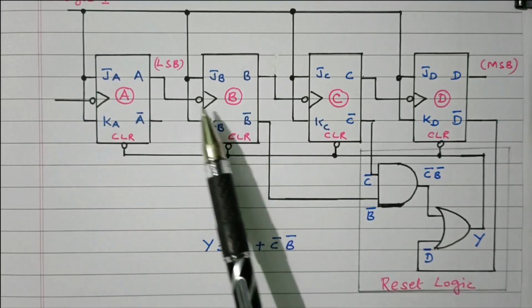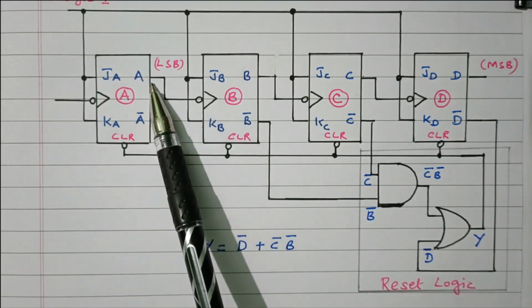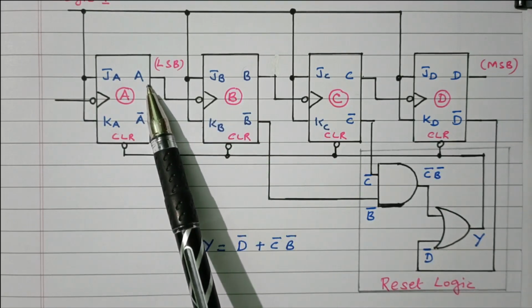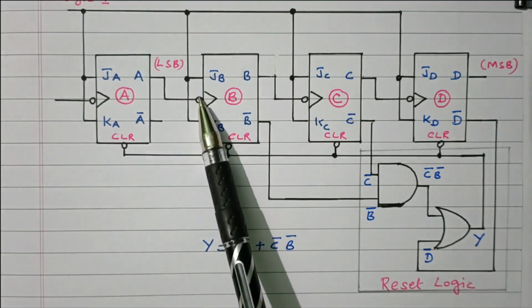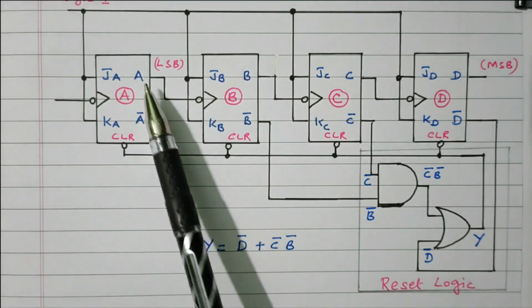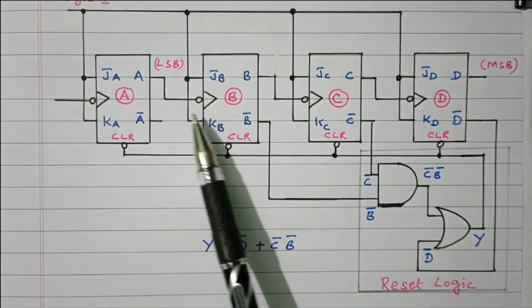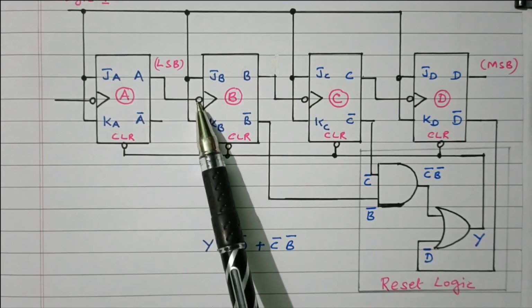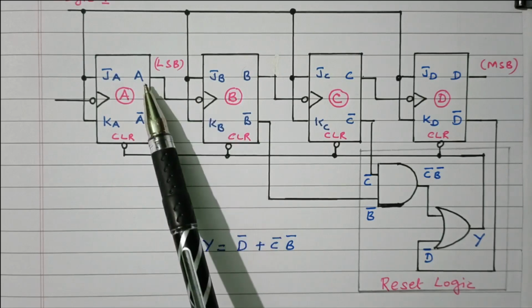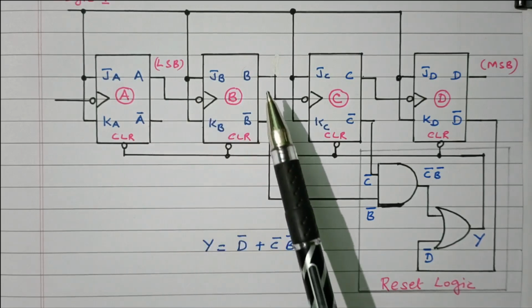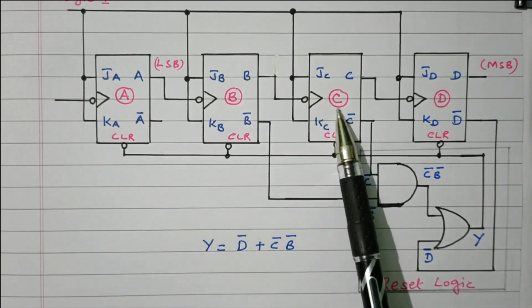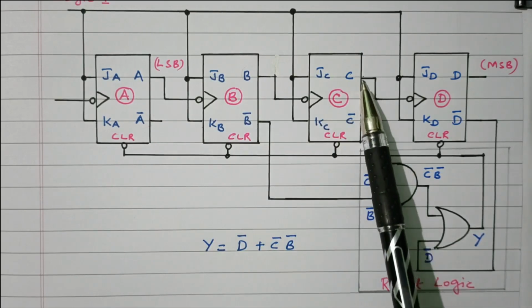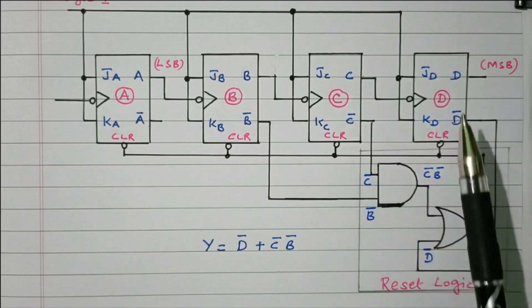This flip-flop will toggle based on the A value. If A is 0, there is no change. If A is 1, it will toggle. And also here an inverter is there. So A is 0 means it will toggle, 1 means it will not toggle: 0 becomes 1 after inversion, so it will toggle. Similarly, based on the B value the third flip-flop will toggle, and based on the C value the fourth flip-flop will toggle.